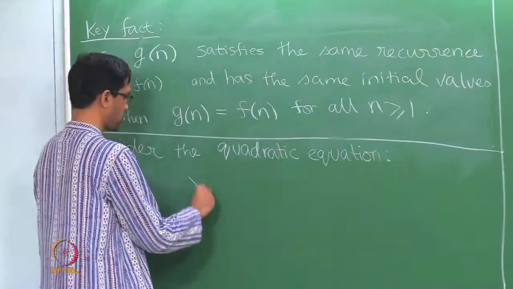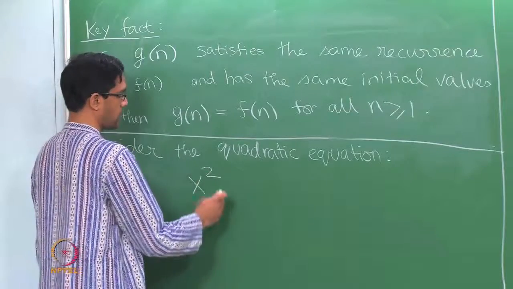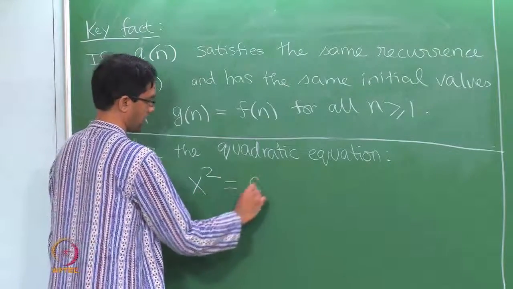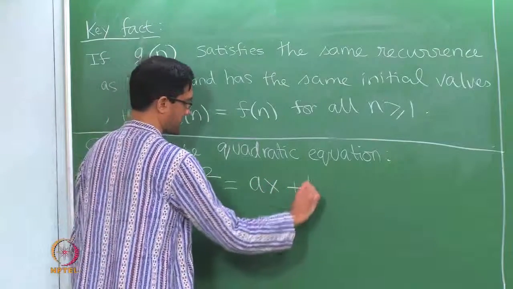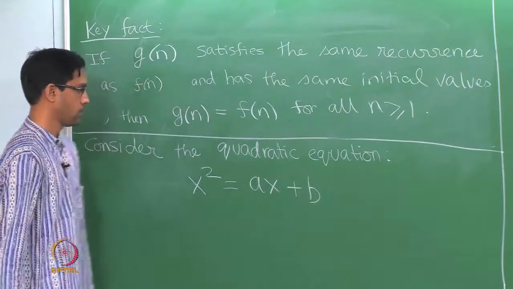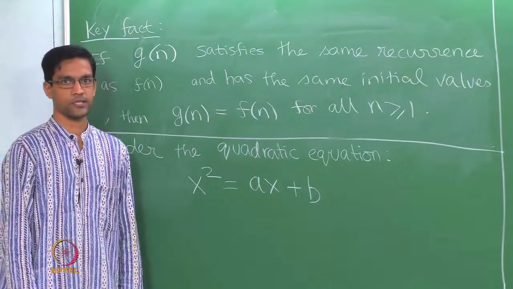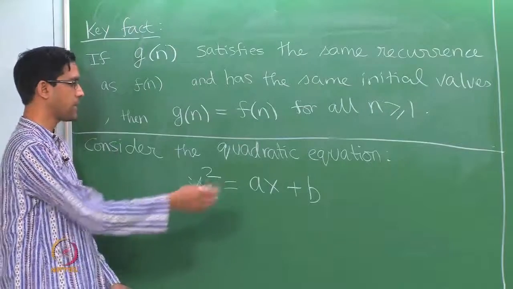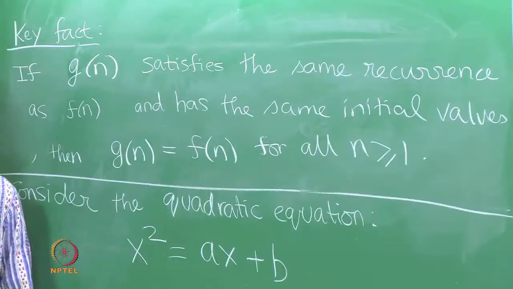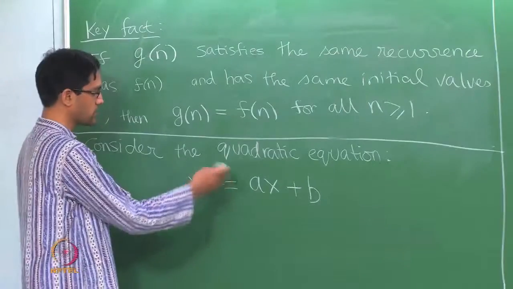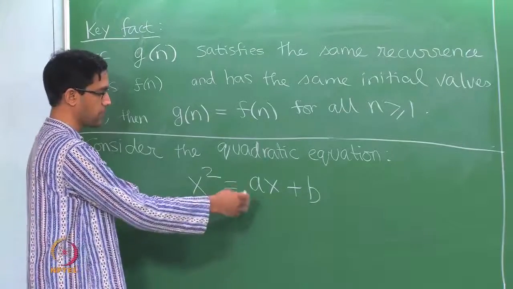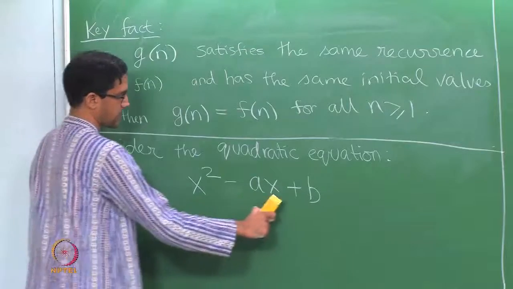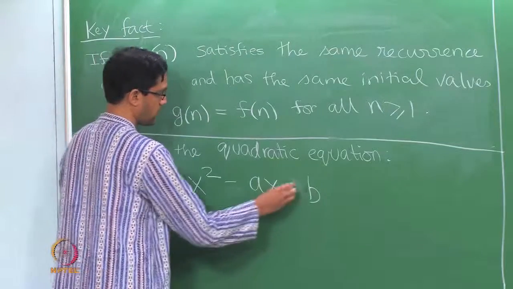Observe we assume that f satisfies the recurrence f of n equals a times f of n minus 1 plus b times f of n minus 2. Now here's what we do. We take those same numbers a and b and form a quadratic equation, x squared equals ax plus b. So observe, this is just another way of saying x squared minus ax minus b is 0. Let's write this as x squared minus ax minus b equals 0.